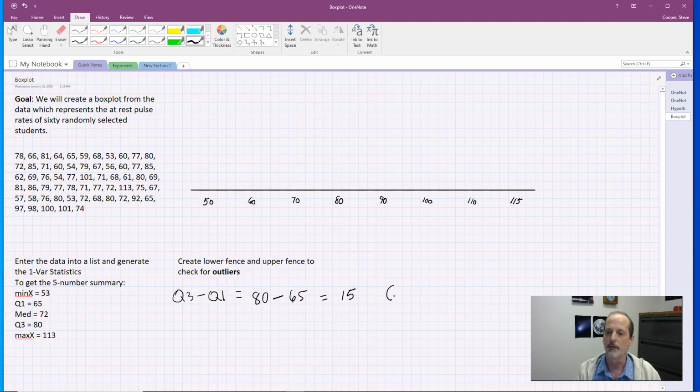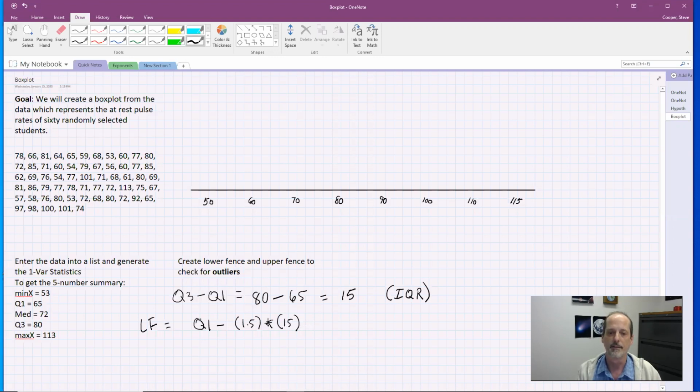And remember, we called that the IQR, or the interquartile range. The lower fence is equal to Q1 minus 1.5 times the IQR, 15.